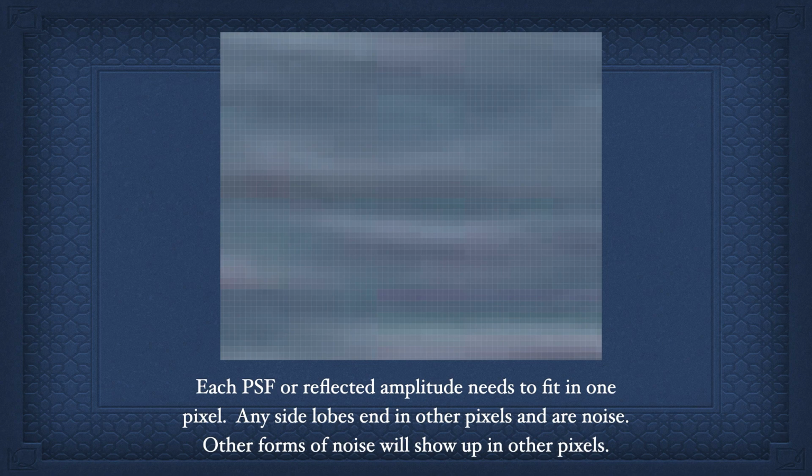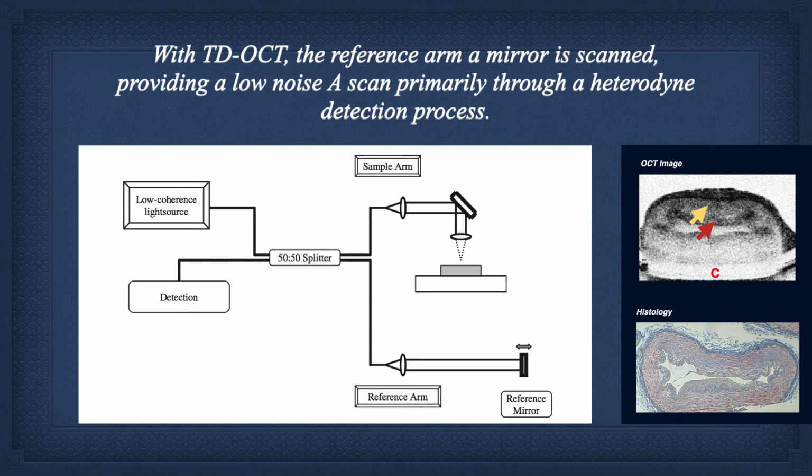So let's get to the OCT embodiments. Let's start off with time domain. So again, it's like ultrasound. Now, in the most ancient system, when we started this whole thing back in the early 90s, we used a mirror to change the optical path length in the reference arm.